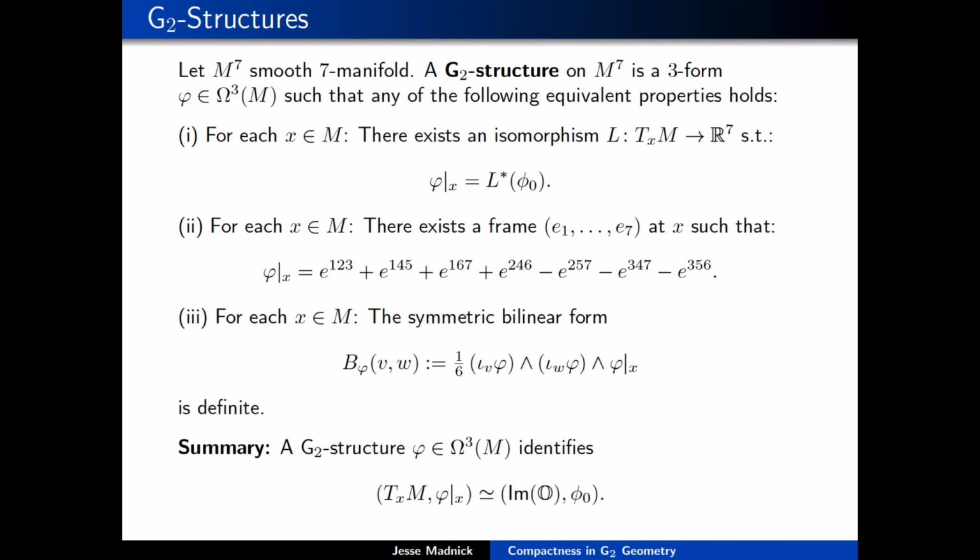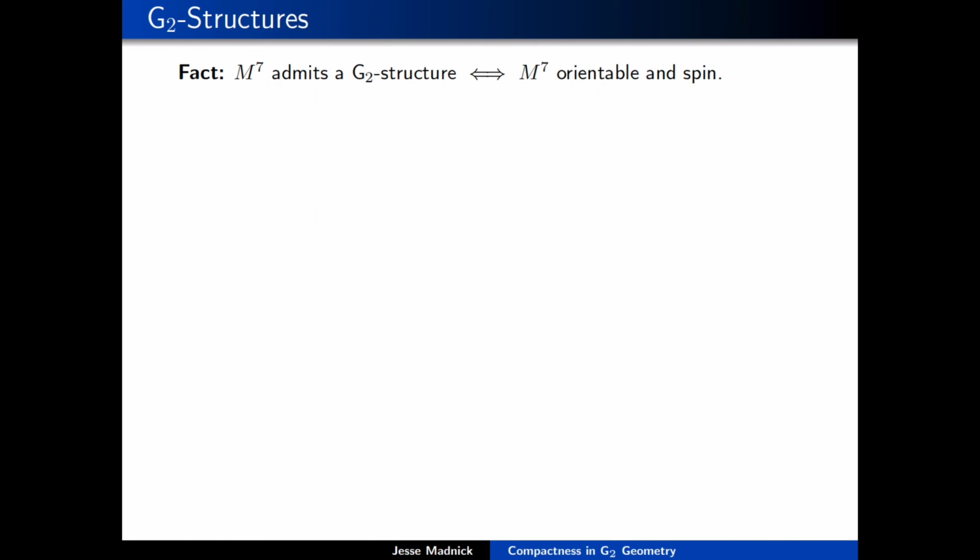But the main point here is that what a G2 structure does intuitively is, at each point of M, it identifies the tangent space of M with a copy of the imaginary octonions in such a way that phi at x is basically phi0. We're saying that each tangent space has the structure of the imaginary octonions in this sense.